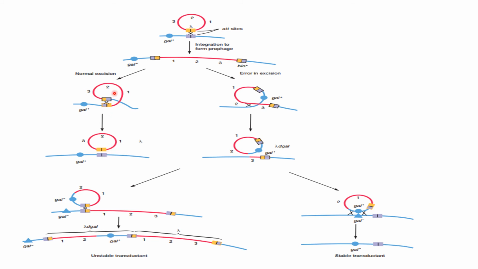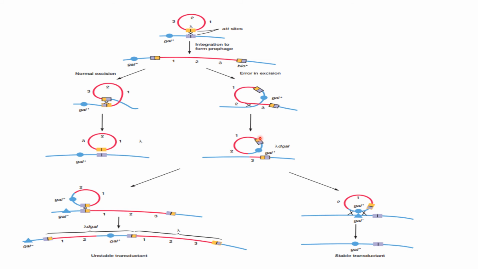This happens in the normal excision process. Whereas in the improper excision process, what we have seen in specialized transduction, an improper or imprecise excision happens, and when the phage gene comes out of the bacterial gene, see here, you find a small piece of the bacterial gene present along with the phage gene.